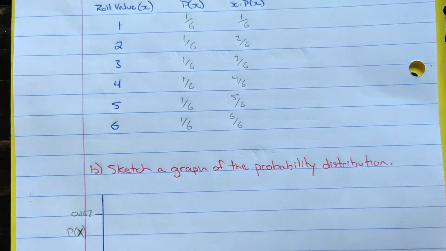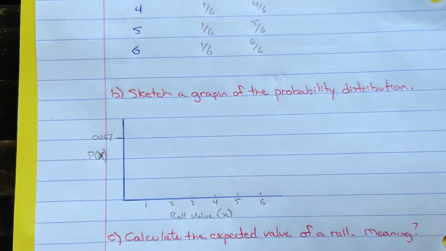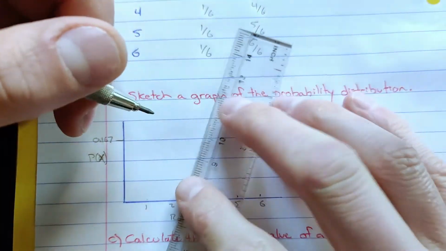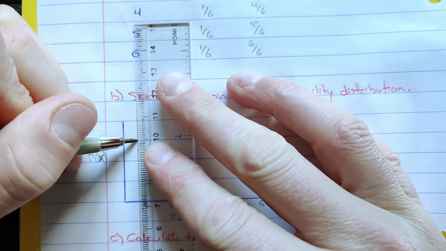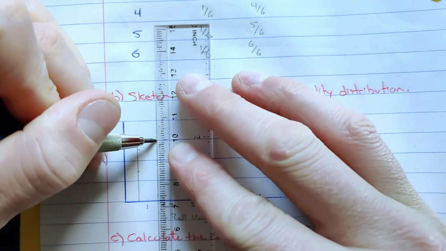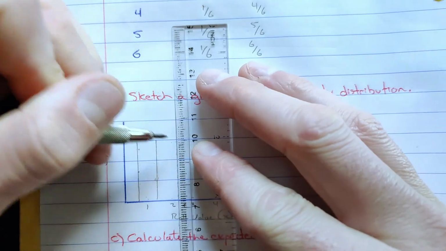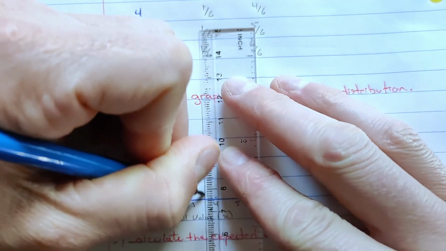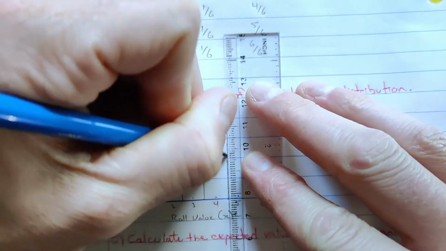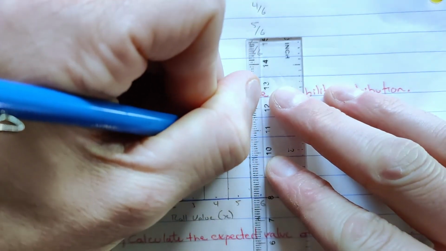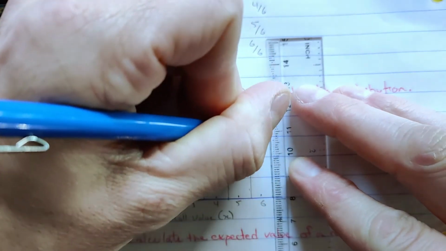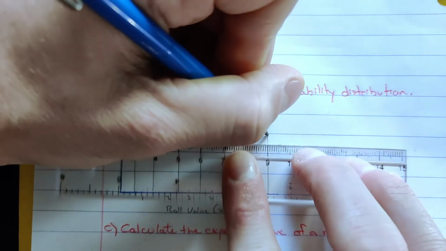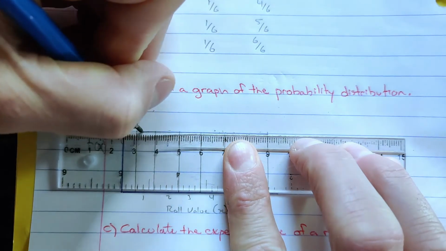And then if we were to draw this out, if I can pick up my ruler, what we would get is a series of bars that are all exactly the same height.